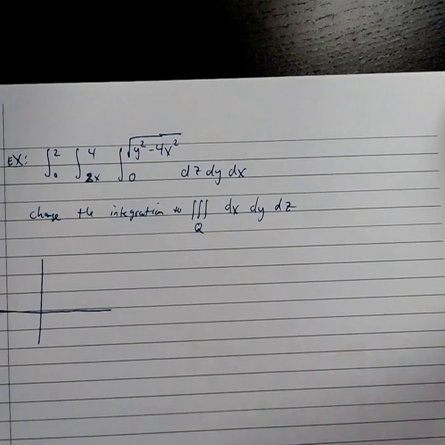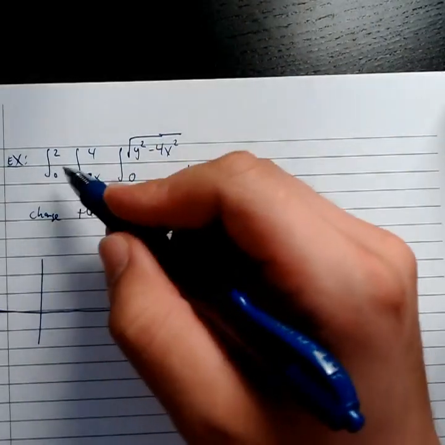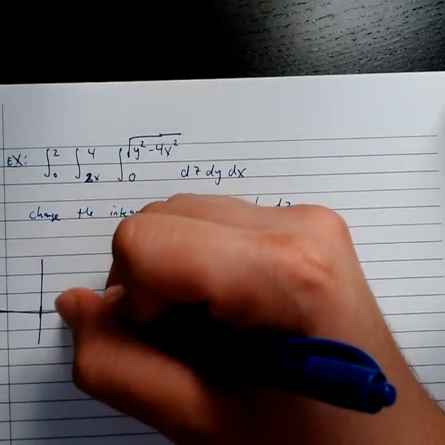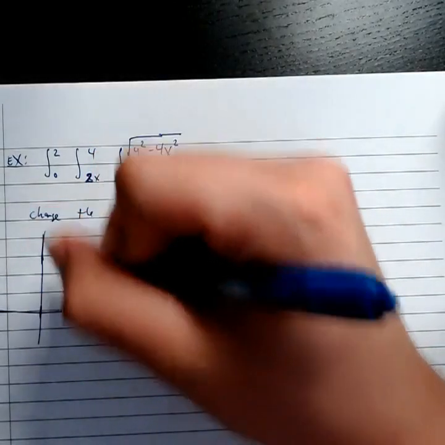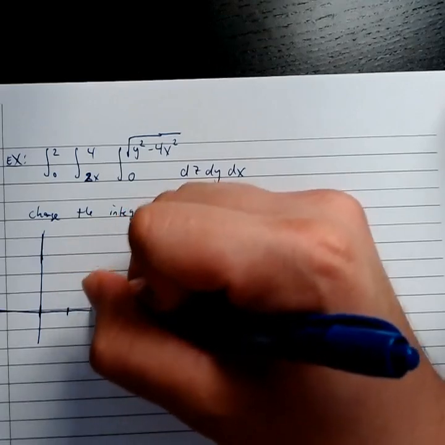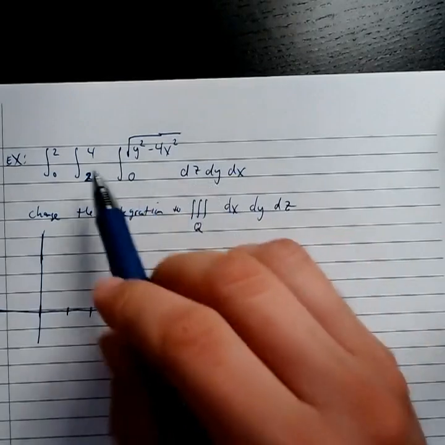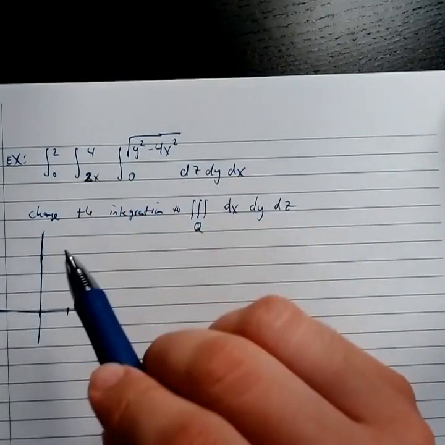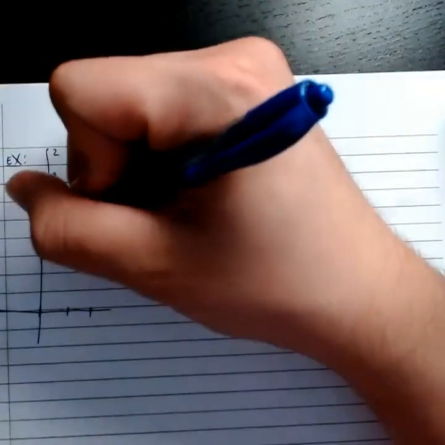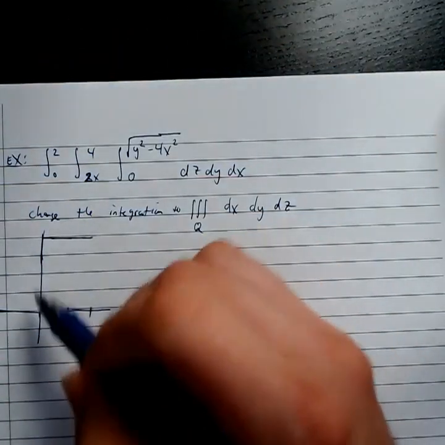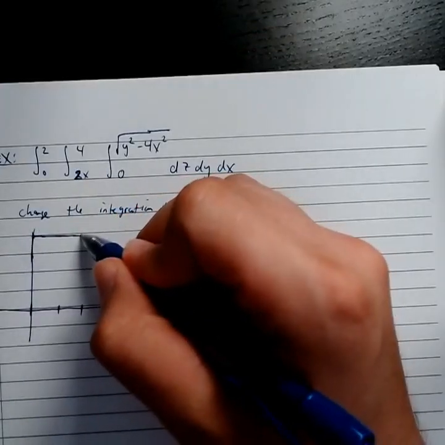Notice that my x value is bound between 0 and 2. Well, that means that the furthest left I ever go is 0, and the furthest right I ever go is going to be 2. Now my y value is bound between 2x and 4, which means that the highest y value I ever get is 4. Now remember, the x value is from 0 to 2, so from here to here.